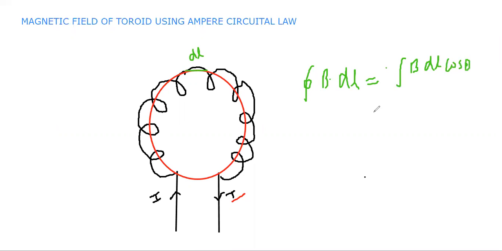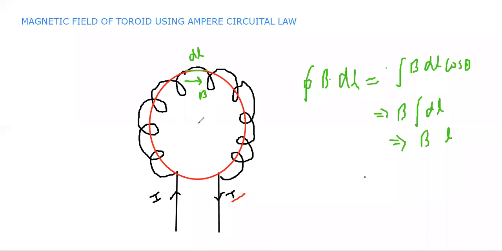B dl cos theta would be B dl cos 0, because the magnetic field direction would be like this. So the angle would be 0. So it would be B times the integral of dl only, and the integral of dl is L. So it would be B into L.